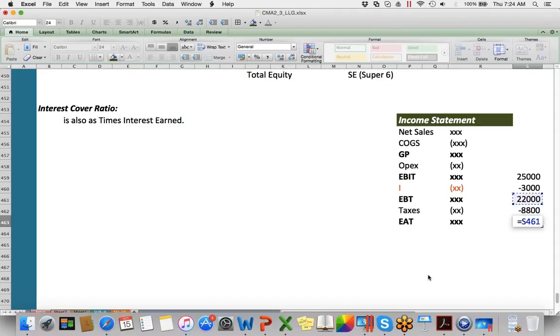You are getting a net income of 13.2 million. You are paying 3 million to the bankers who gave you the loan, and you are taking home 13.2 million, which can be used to repay the loan installments. You can purchase some assets, retain some profits in the business, and still even pay dividend to the shareholders. It's a good sign.